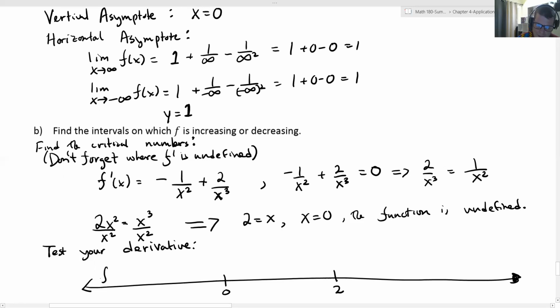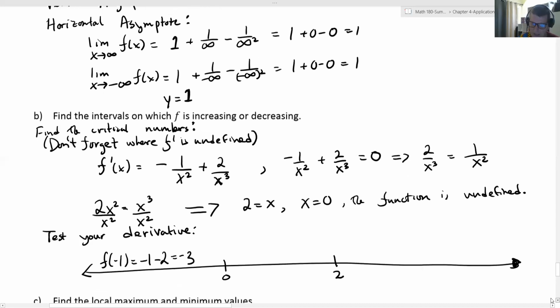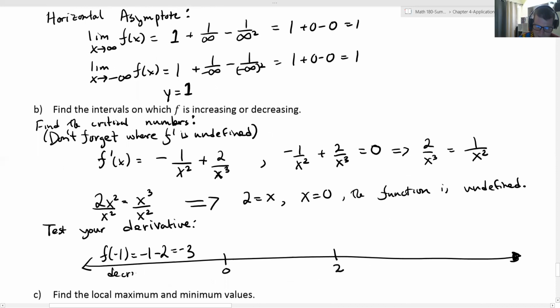Okay. So I'll choose f prime of negative 1 here. That ends up being negative 1 minus 2, which equals negative 3. So it's negative, which means we're decreasing on this interval. Let's choose 1 here. That's negative 1 plus 2, so that's positive. That ends up equaling 1.